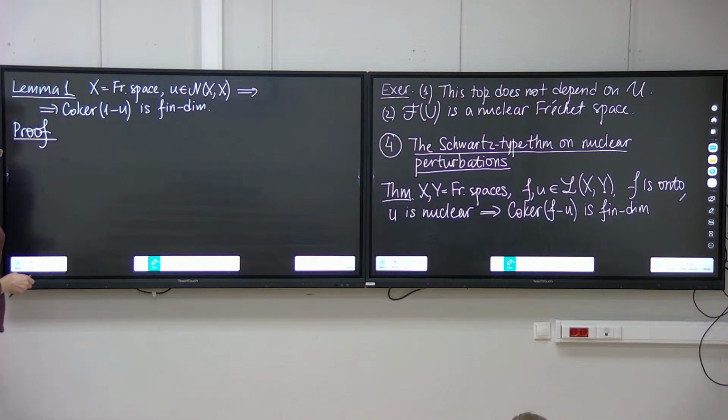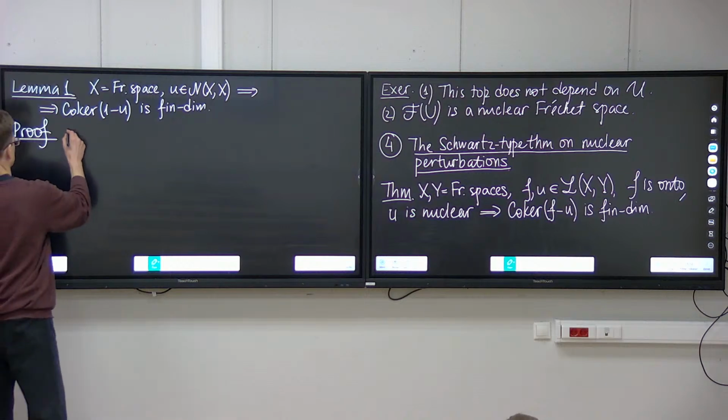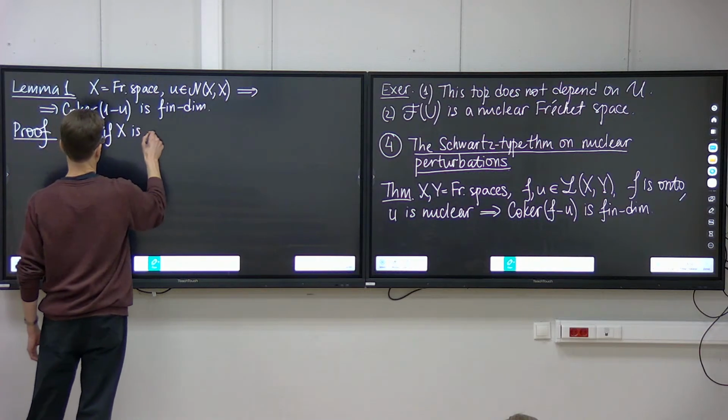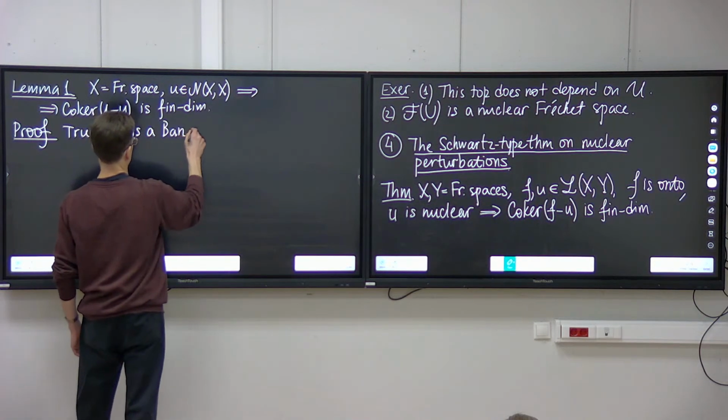So the proof of lemma 1. First of all, we observe that the result is true if X is a Banach space.